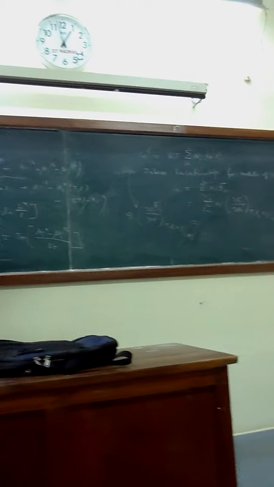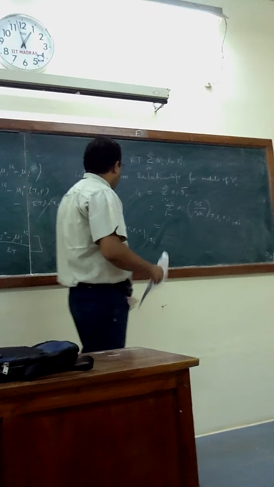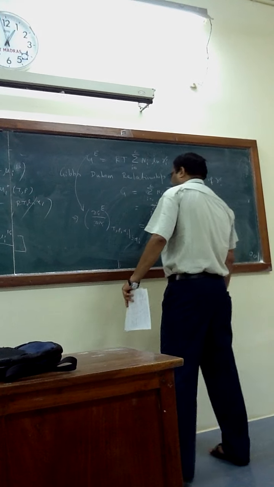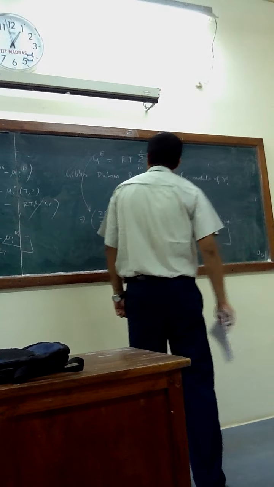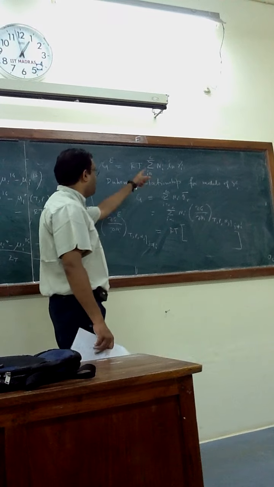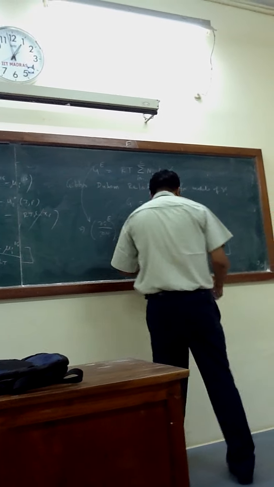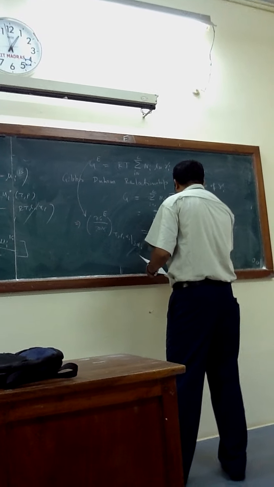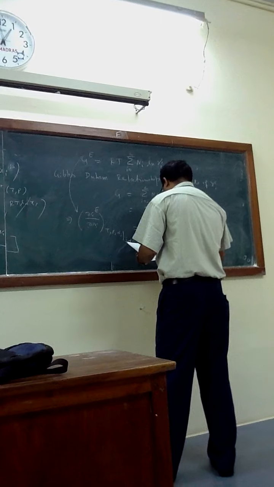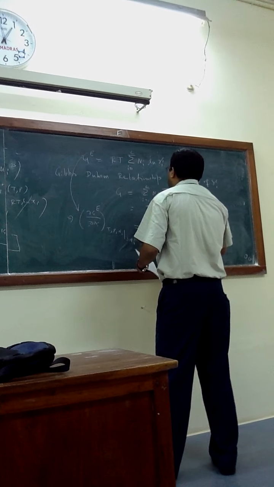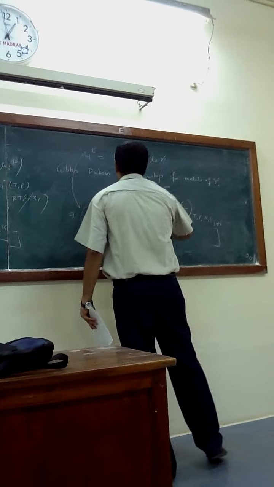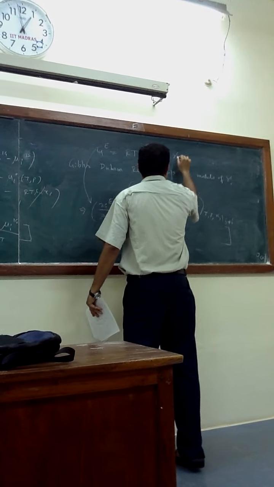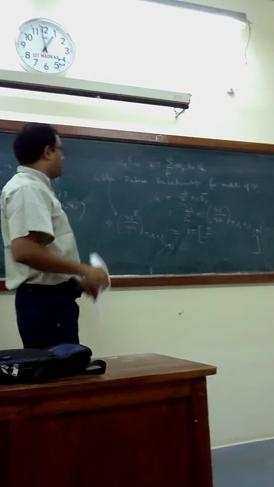If you take the derivative, what will you get? RT is common, you can take it outside. Dou by dou Ni, with Ni kept constant, we have ln gamma i. You can actually use k equals 1 to C, better, so you don't get confused and get wrong results.